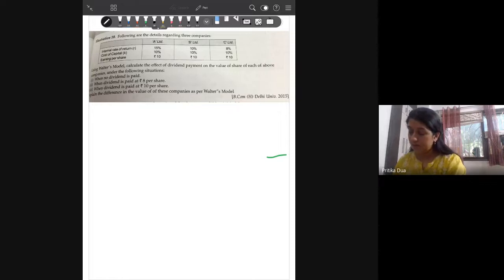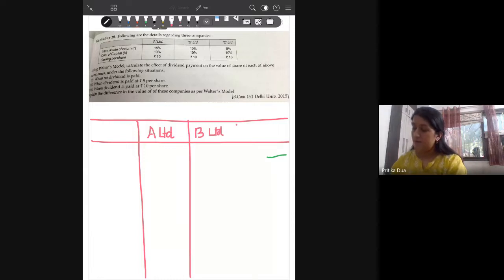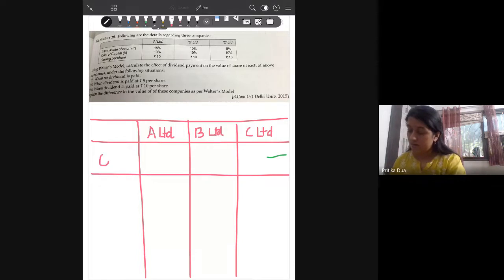So, let's see how many cases we have for each firm here, that is A Limited, B Limited and C Limited. For each of the firms, you have three cases. The first is the 0% dividend case.